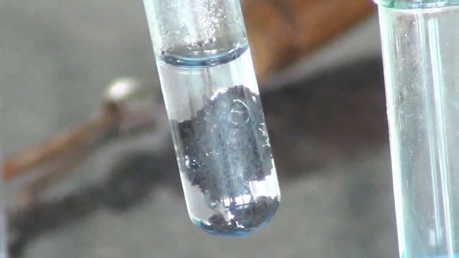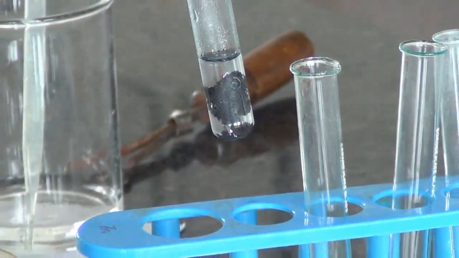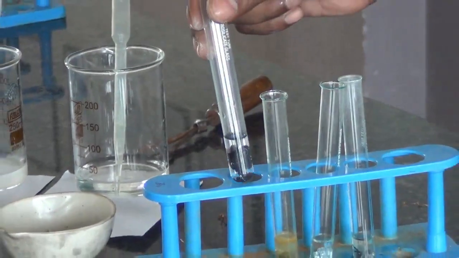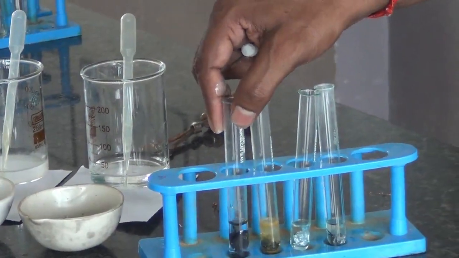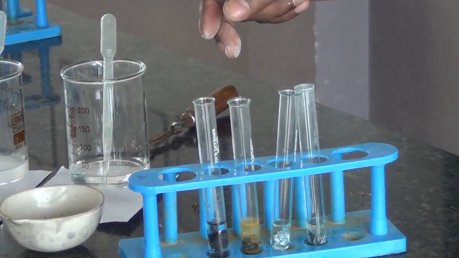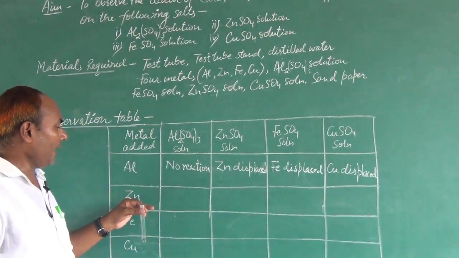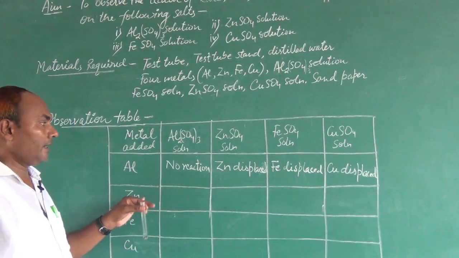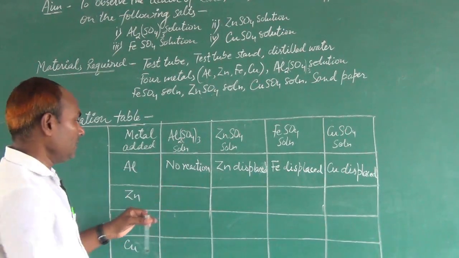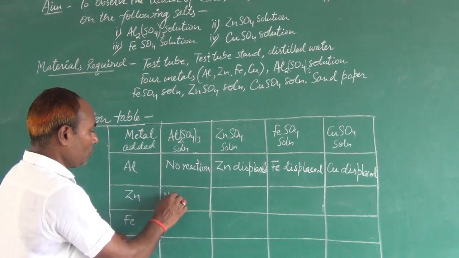This tells us that the reaction takes place between zinc and copper sulfate solution. Students, now we have to write down these observations in our observation table. When we add zinc metal in aluminum sulfate solution, there is no change in color, means no reaction.